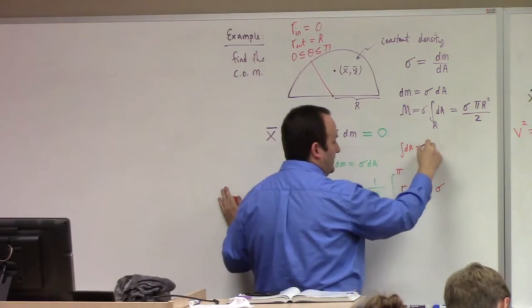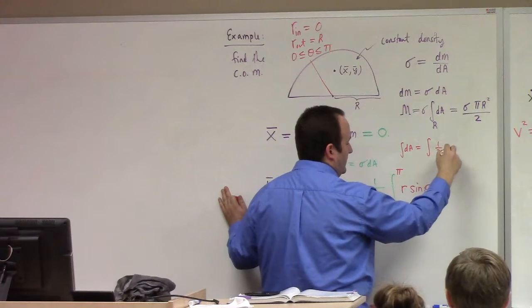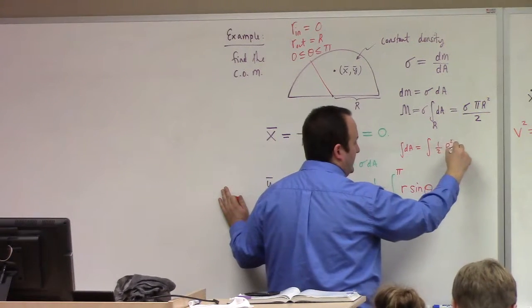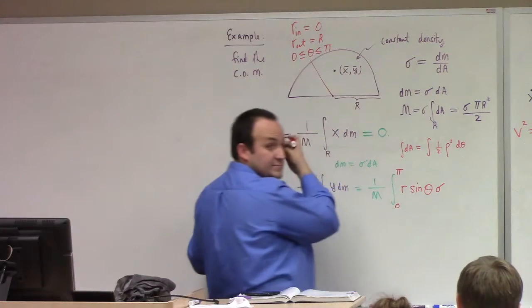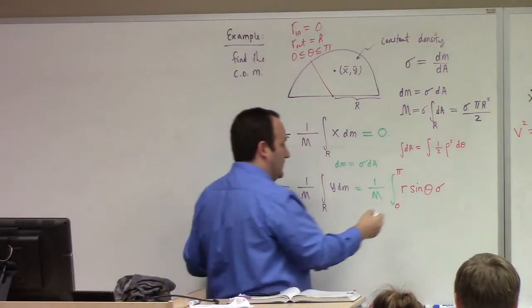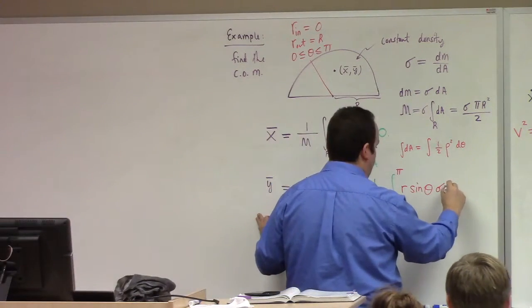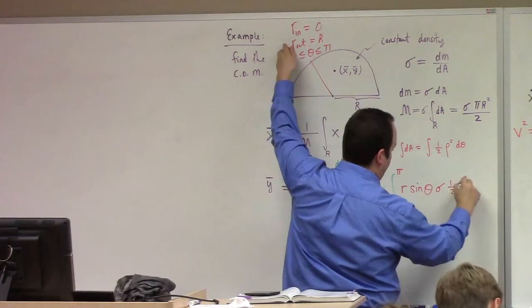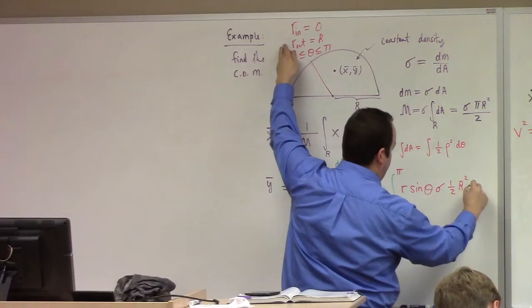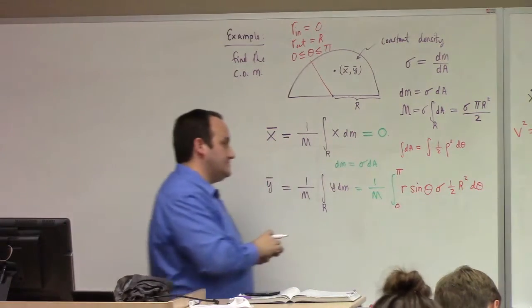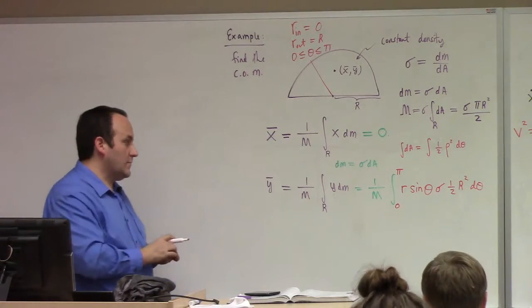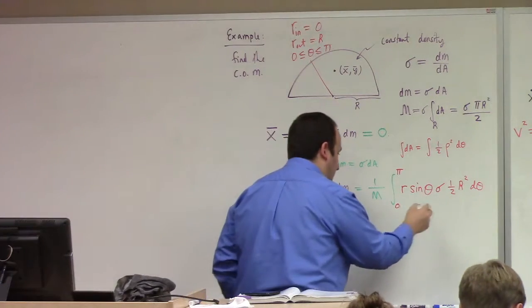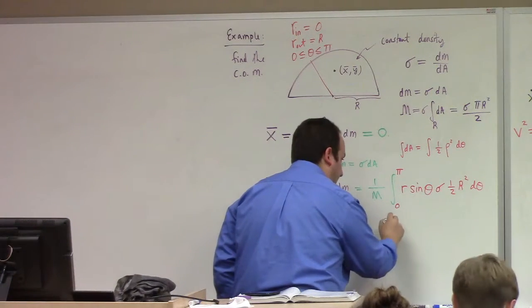We figured that out before, right? It was 1/2 rho squared d theta, right? We still do that here. So I do 1/2 r squared d theta. And let's see here. So I got a sigma.